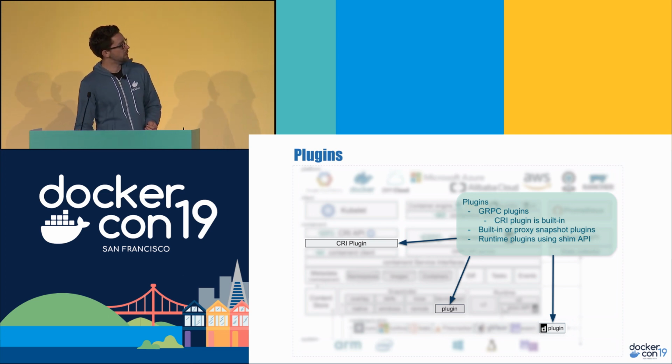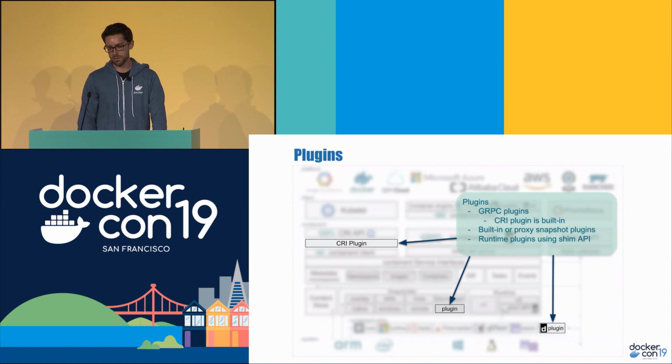For snapshotters, you can import any snapshotter that implements our snapshotter interface. We also have this proxy plugin, which can be used in order to run an out-of-process snapshotter. And then, like I just mentioned with the Shim API, you can basically bring any runtime that you want in Containerd, you can use it.